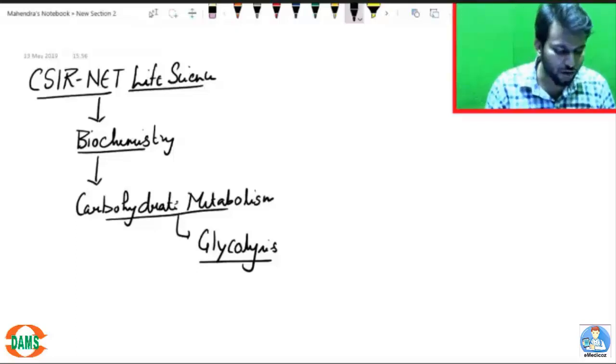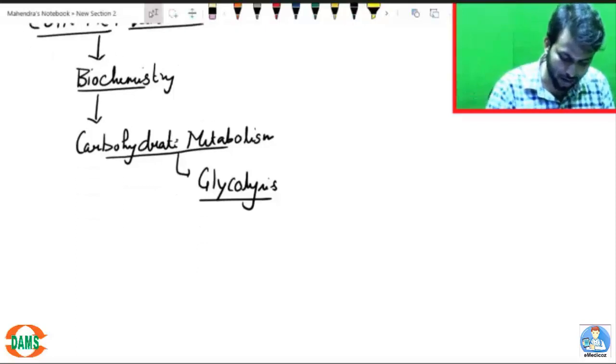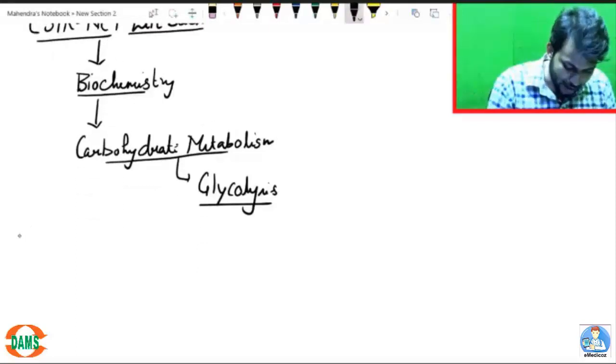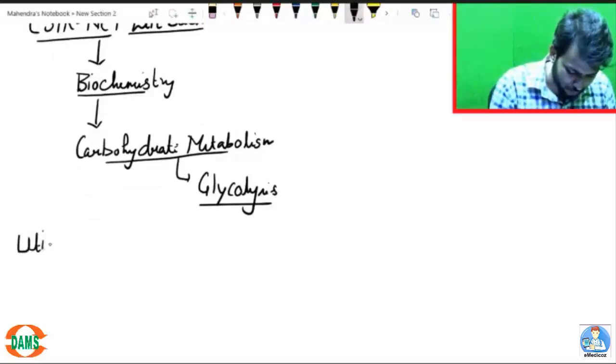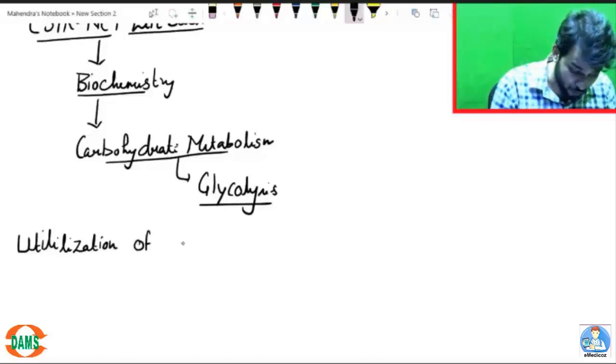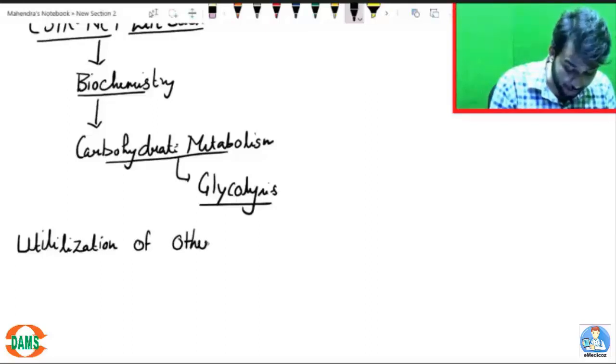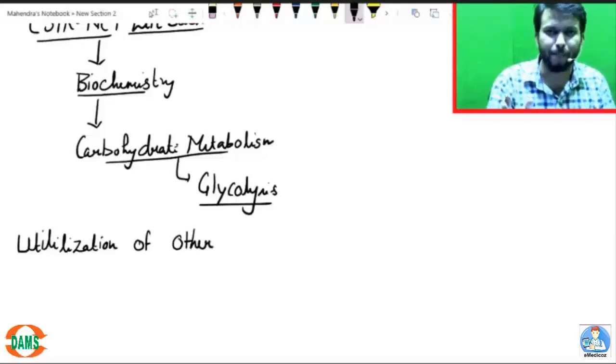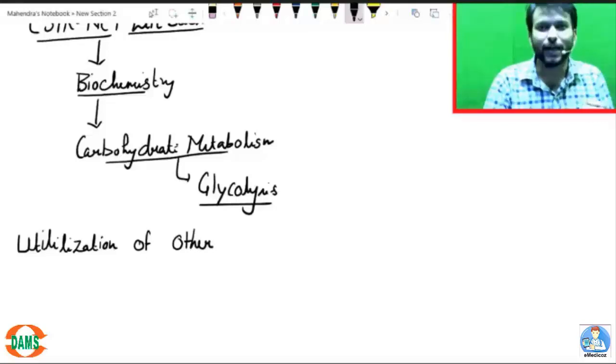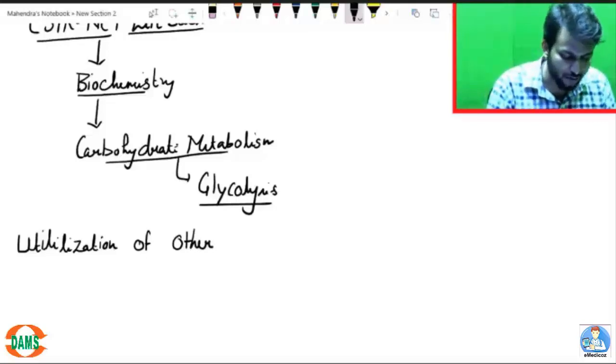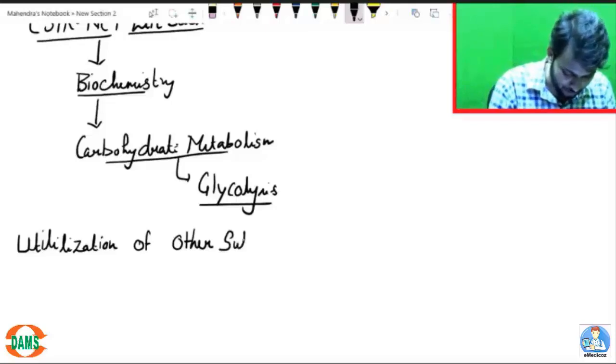So we are going to start the topic of utilization of other substrates in glycolysis. That is to say, there are different substrates apart from glucose that enter into glycolysis.